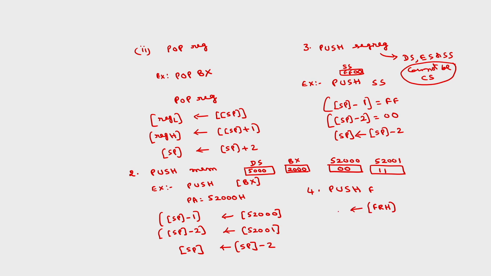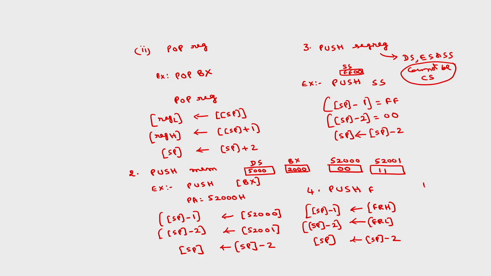So initially higher will be saved to SP minus 1, lower order to SP minus 2, SP becomes SP minus 2. So there are 4 different push instructions: pushing the contents of register, pushing the contents of any memory, push the contents of segment register, push the contents of flag register.